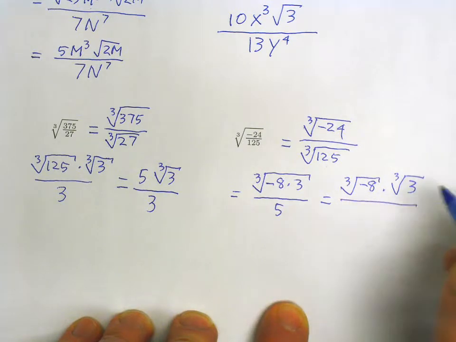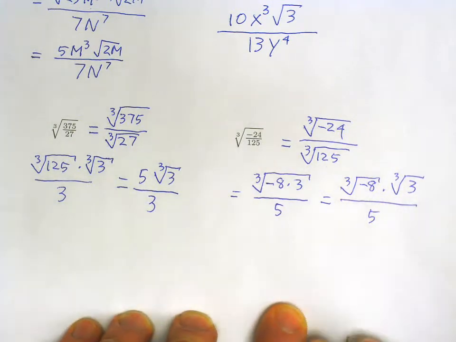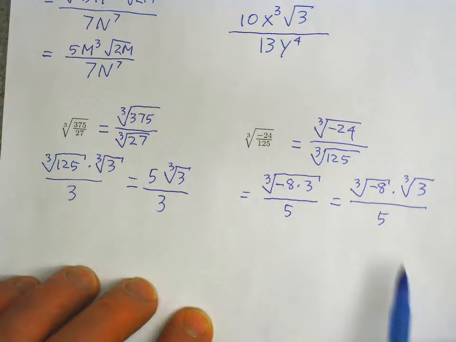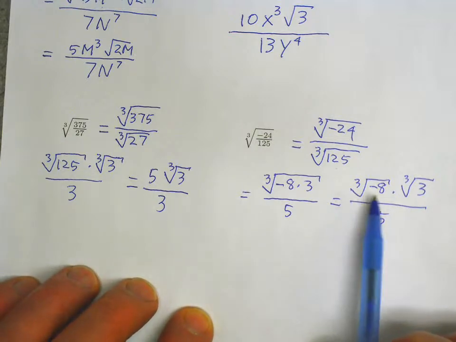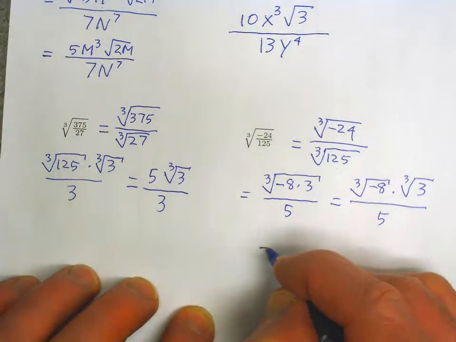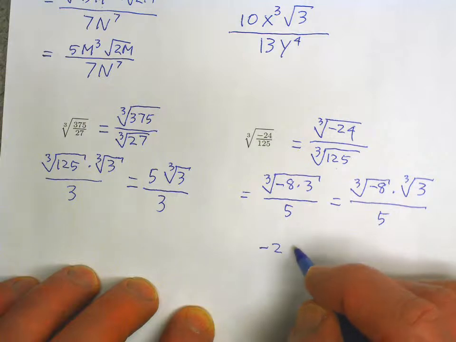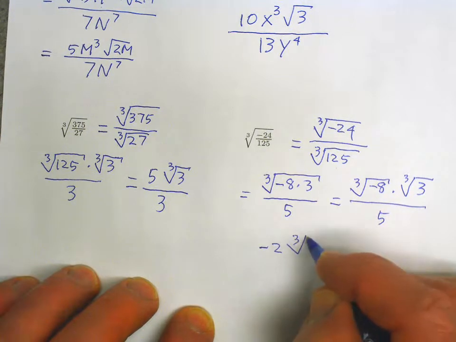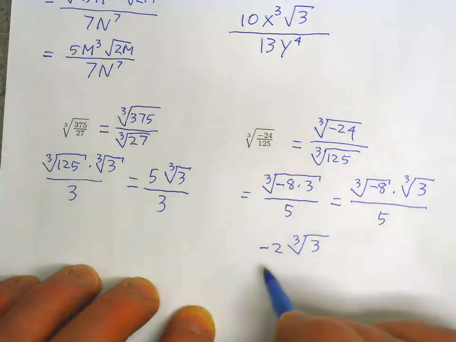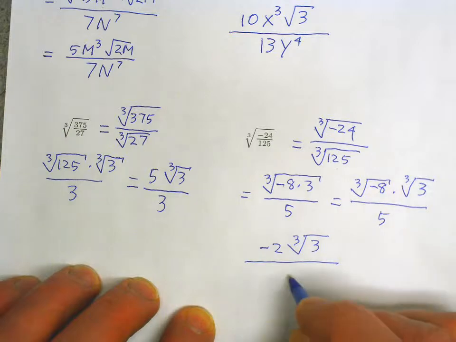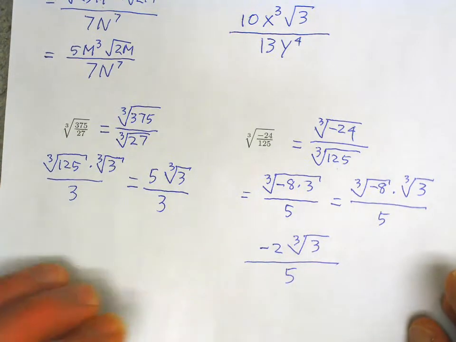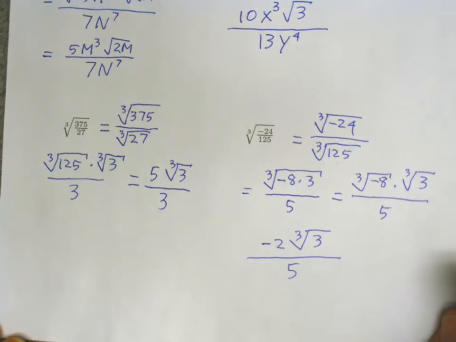And the denominator is 5. And then the last step, the cube root of negative 8 is negative 2. So in the numerator, we have negative 2 times the cube root of 3, divided by 5. Okay, so that's the simplified result of that one.